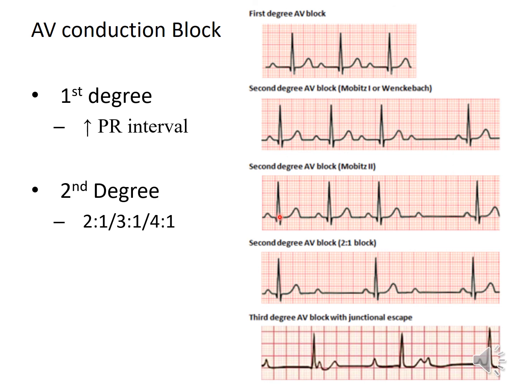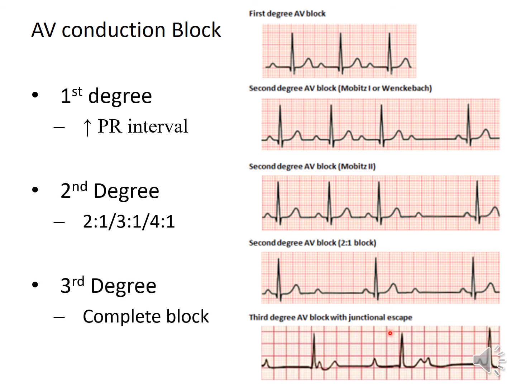Similarly here, three impulses are conducted, but then only a P wave and no QRS complex. Here only two impulses are conducted, and then there is only a P wave, no QRS complex. So in second degree AV block, a sequence is established. Every second, third or fourth impulse is not conducted.